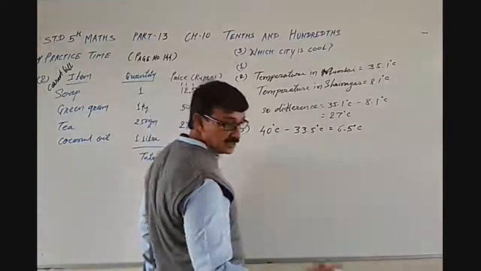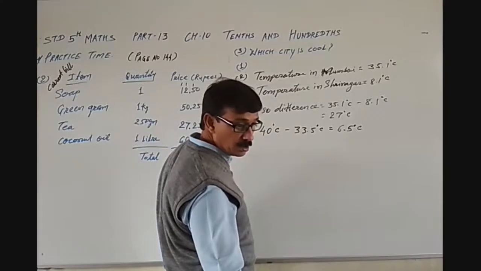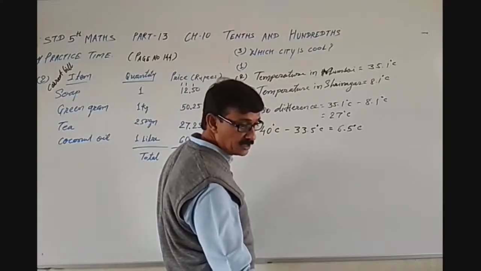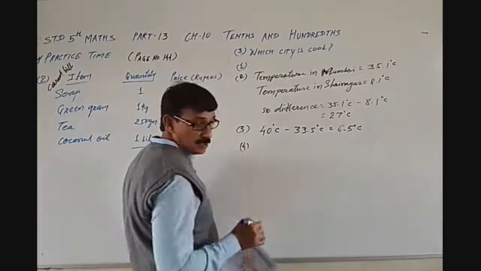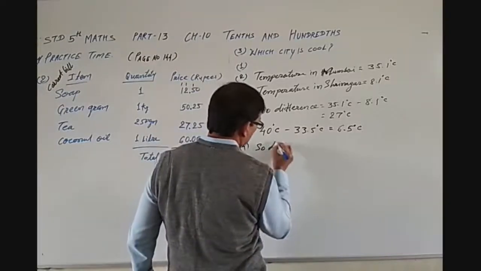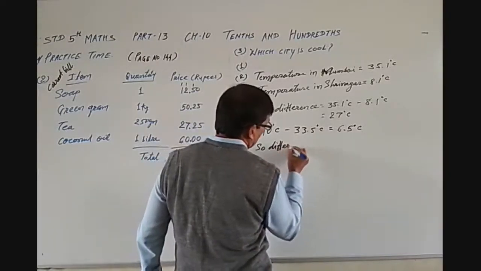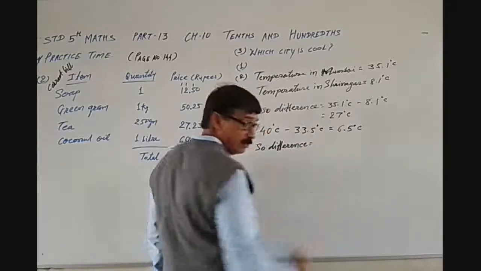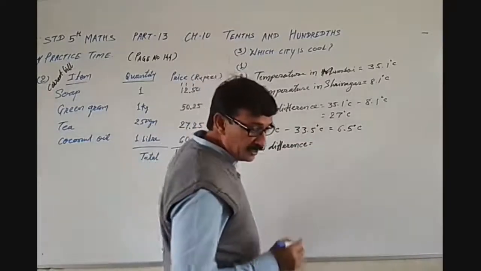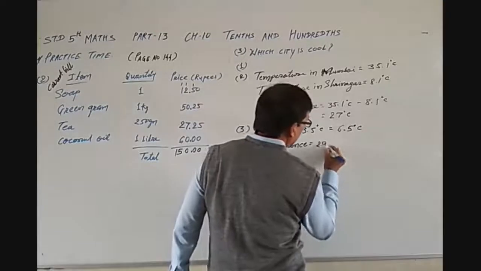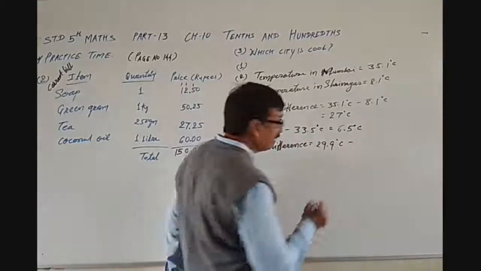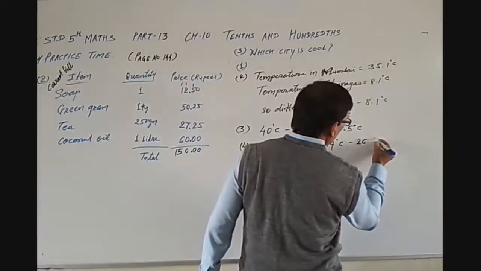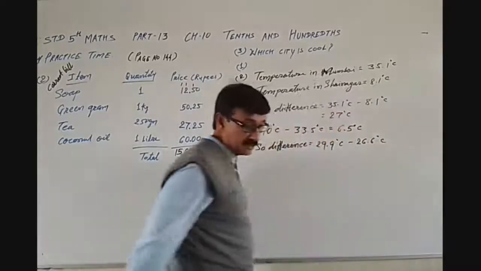This is the answer of the fourth one. So the difference is equal to 29.9 degrees Celsius minus 26.6 degrees Celsius, isn't it?